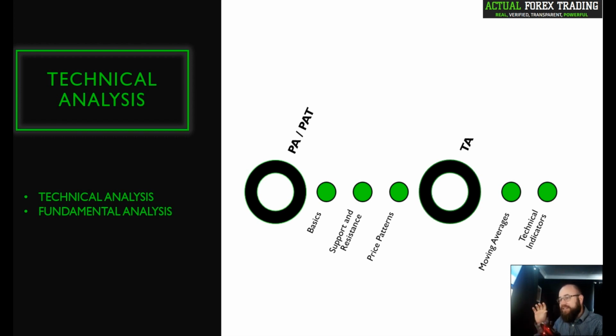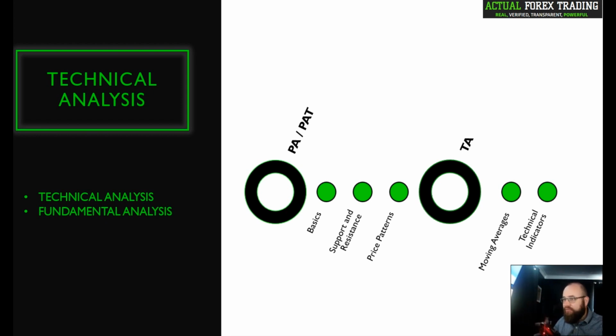Technical analysis. There are two ways to analyze the financial markets: technical analysis and fundamental analysis. Price action analysis, looking at price action, is really the foundation of technical analysis. It's part of technical analysis. If you're going to trade Forex, stocks, commodities, any financial market, you need to do some sort of analysis to predict where future price is going to be.